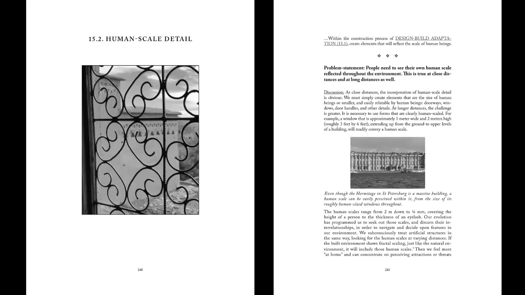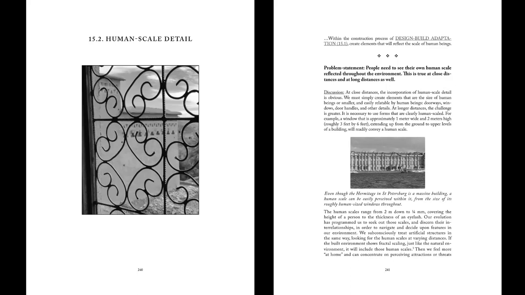Human scale detail: trying to get down to the scale of saying it's okay, in fact it's necessary, often to have details at the very smallest scale, the scale of a human hand, for example, those little motifs on that screen that are very beautiful. When you're dealing with very, very large buildings like the Hermitage in St. Petersburg, it's very important to have those small scale structures that we can identify.